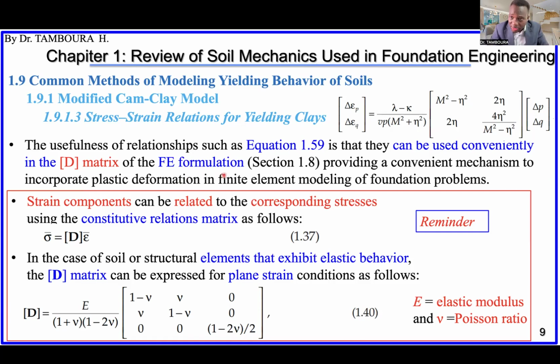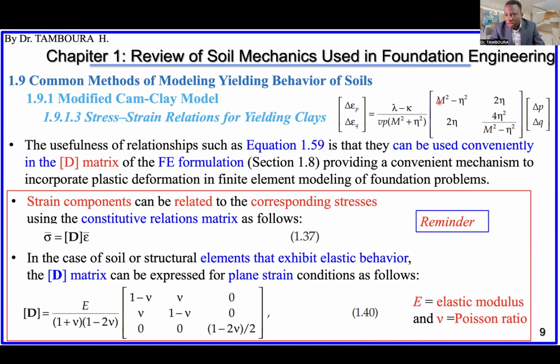That being said, if you are using the Cam-Clay model in any software, technically you are using this relationship, even if you don't understand it. The software is using this relationship. What you need to do is provide some information to the software so that it can calculate and give you results. What you need to provide is just this information.